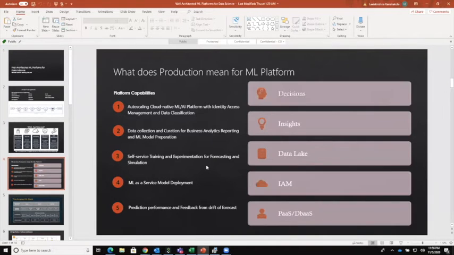Same thing, different tune. What does production mean for an ML platform? Right? And this day and age, again, having spent a decade on building these platforms and putting real data science workload, this is what we learned. First thing, you never know when you need scale. So you need auto scaling.